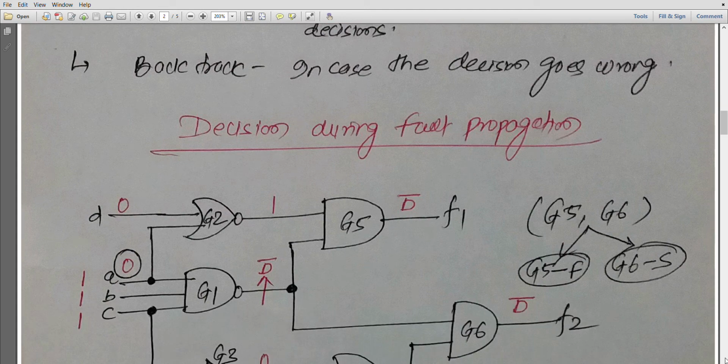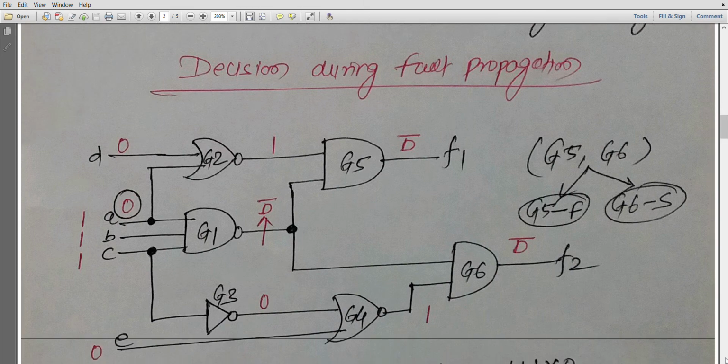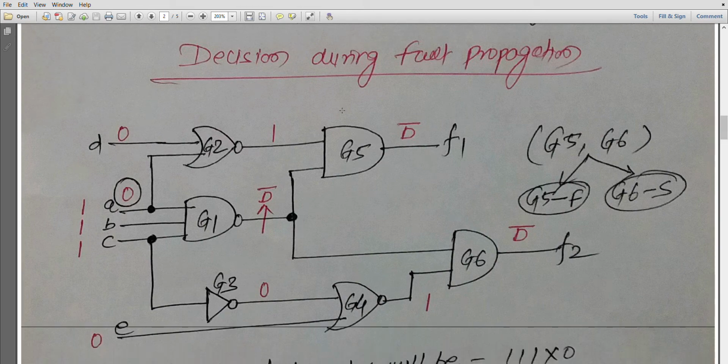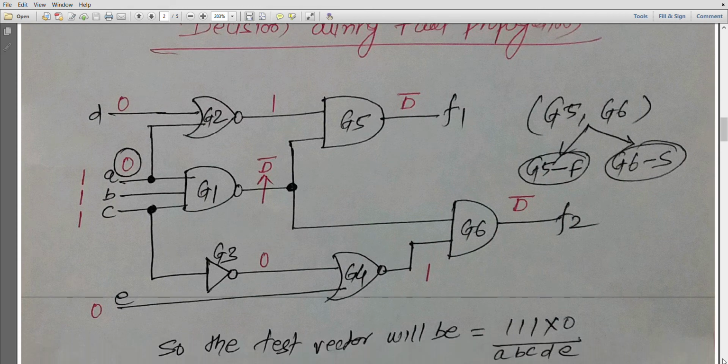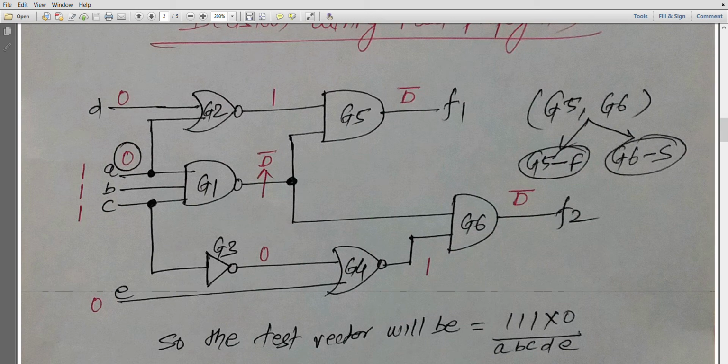We will discuss two important things in this particular algorithm. The first is the decision during fault propagation. Please consider this circuit. It consists of an OR gate, a NOR gate, a NAND gate, a NOT gate, again a NOR gate, and an AND gate.